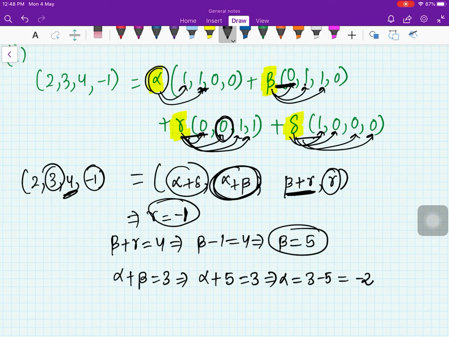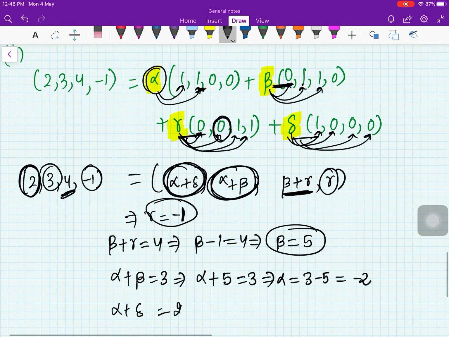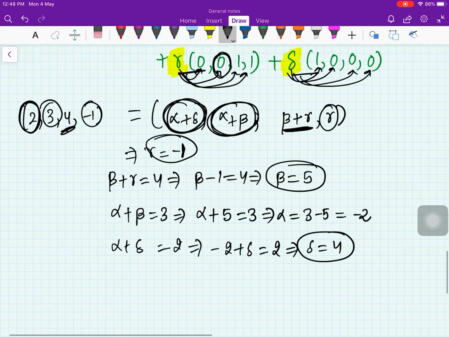Then alpha plus delta equal to 2, so minus 2 plus delta equal to 2, which implies delta equal to 4. So you get alpha equal to -2, beta equal to 5, gamma equal to -1, delta equal to 4.